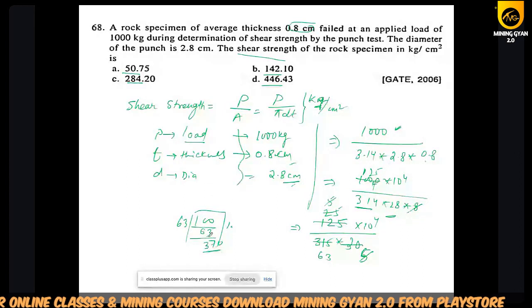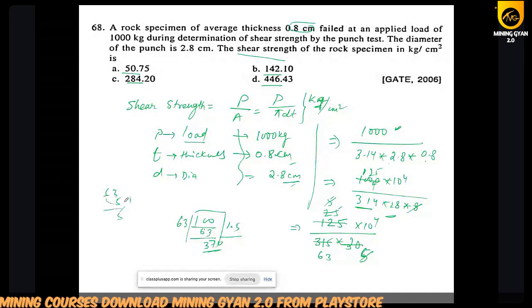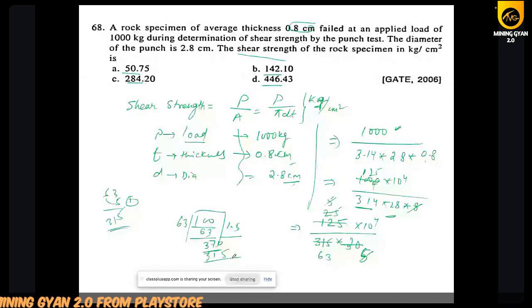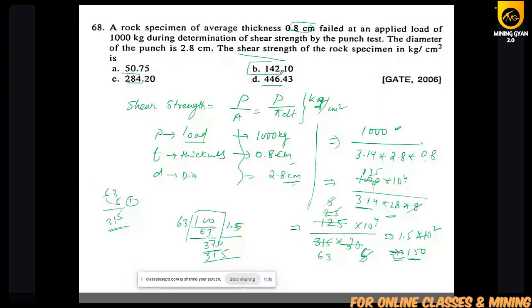So 6 पंजे 30, so 63, 5 5 से 15, 6 पंजे 30, 1 31, like this 315. So it becomes 1.5 something, multiply 10 to power 2. So it is nearly 150. Nearly 150. So nearly 150 is the value, only 150, 142. If you want the exact answer, you can go with your calculation.